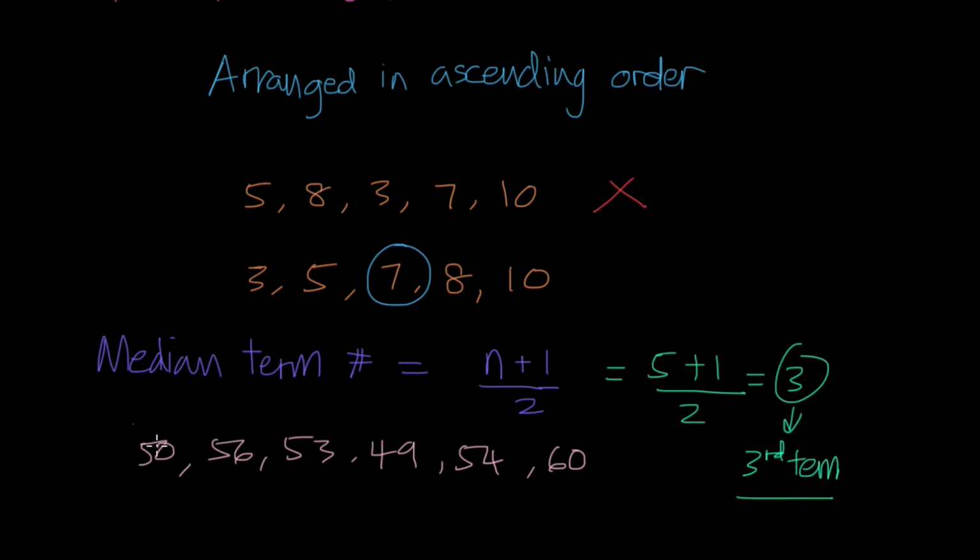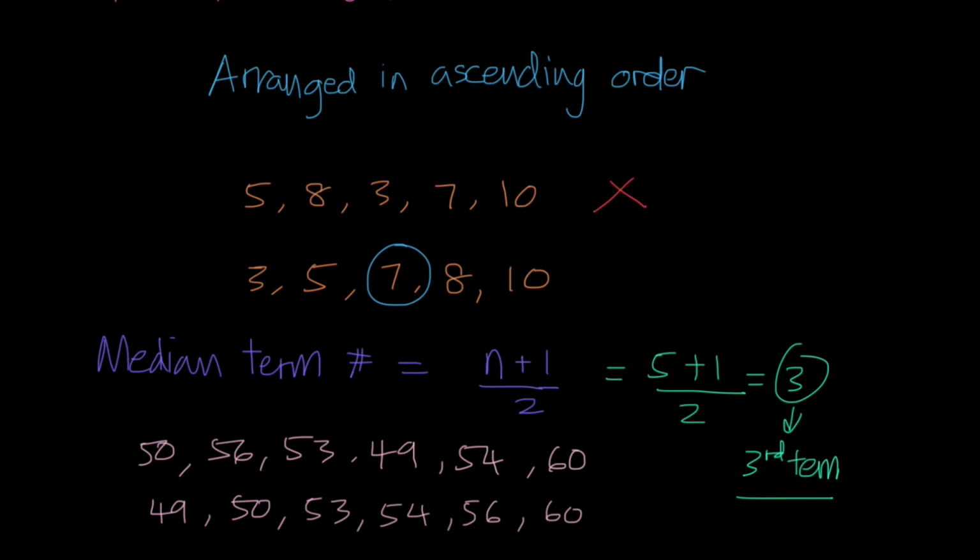Again, to find the median, first we have to arrange it in ascending order. So the smallest number is 49, followed by 50, followed by 53, then we have 54, 56, and 60.